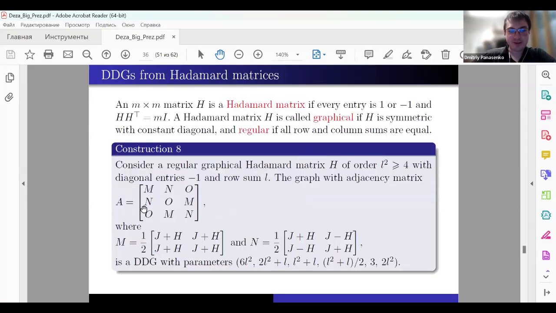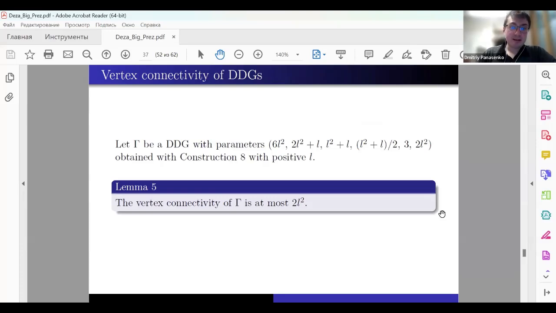We can remove this row of the block matrix and this column of the block matrix, and we have a disjoint union: a graph with adjacency matrix M and a graph with adjacency matrix N, just a disjoint union of two graphs. So if we remove 2L squared vertices, which is exactly the number of vertices in each of these block matrices, we get a disconnected graph. So, a very simple lemma. It's at most 2L squared, but now we want to know the exact value.